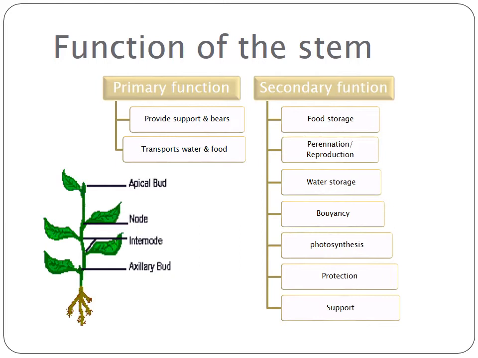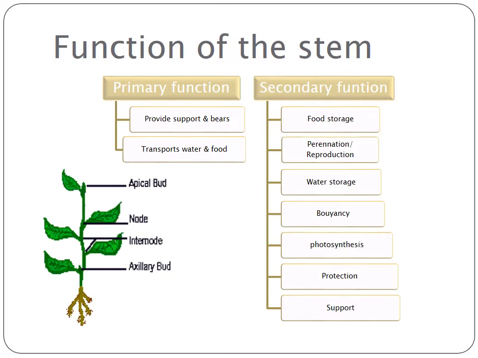In some plants, if you break the stem, it has some water, white or red in color. That is a storage of water. Then photosynthesis. Most plants have chlorophyll in the leaf. The leaf is one of the parts of the stem, of the root and shoot system, so photosynthesis is done here. Then protection and support. It also gives some support to the plant.